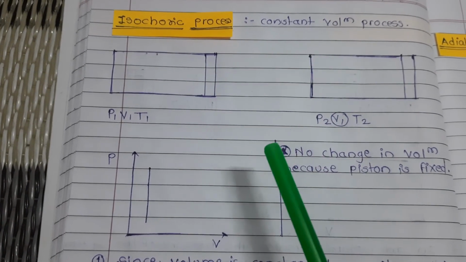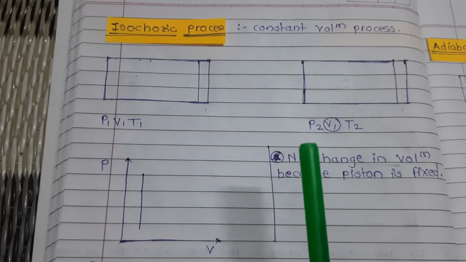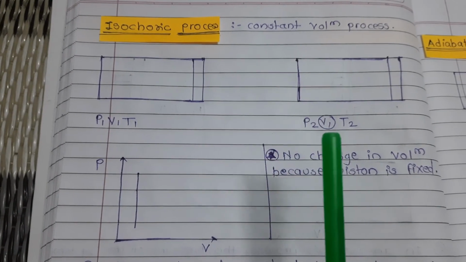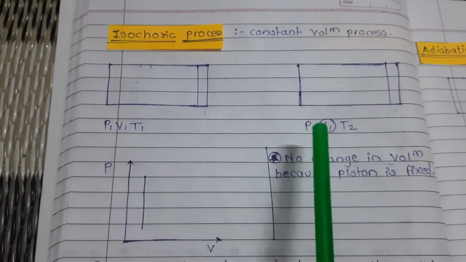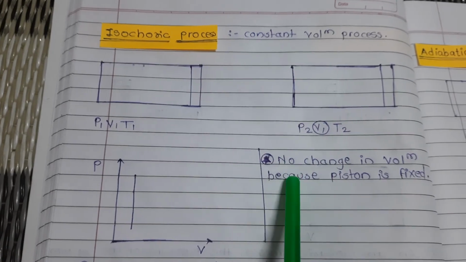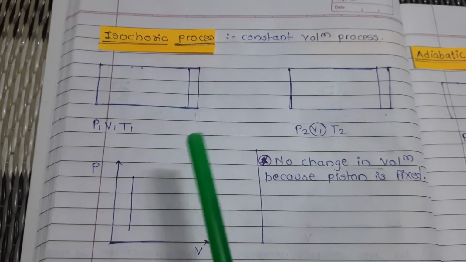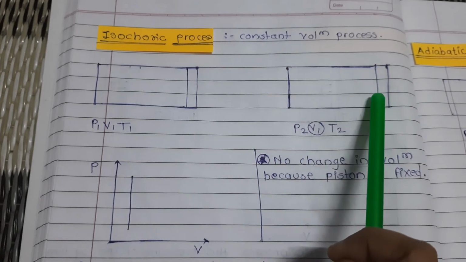Now, isochoric process. We already know that an isochoric process means a constant volume process. Constant volume means no change in volume. But why? Because of a fixed piston.